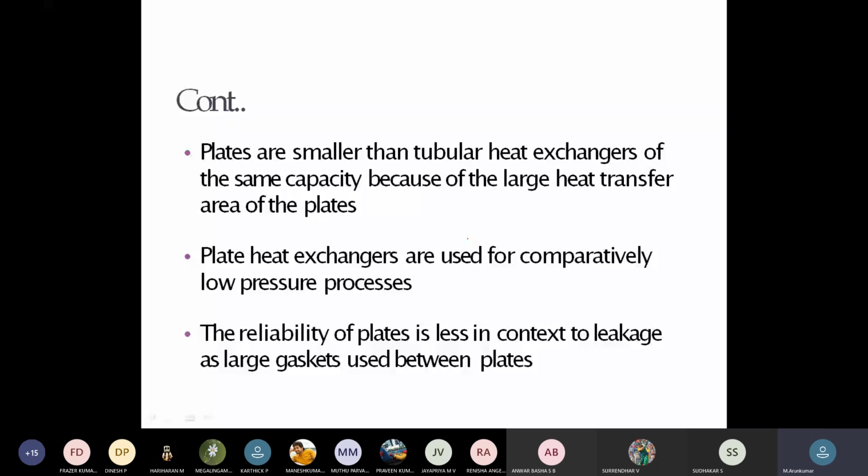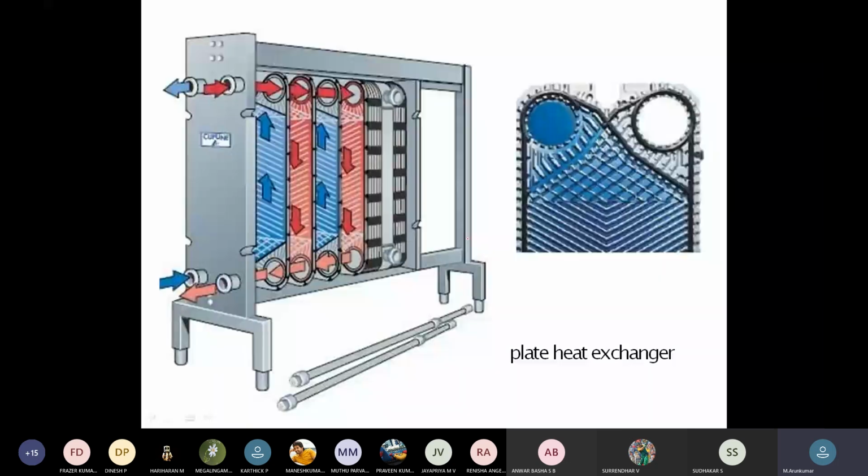Then this is the diagram of the plate heat exchanger. Instead of tubes, we have the plates. The plates are attached in the heat exchanger to transfer heat. In that we can pass two different fluids. The red color marks the high temperature fluid, and the blue color the low temperature fluid.